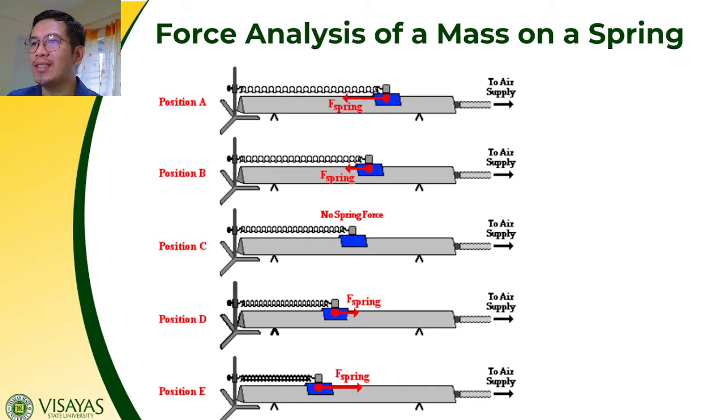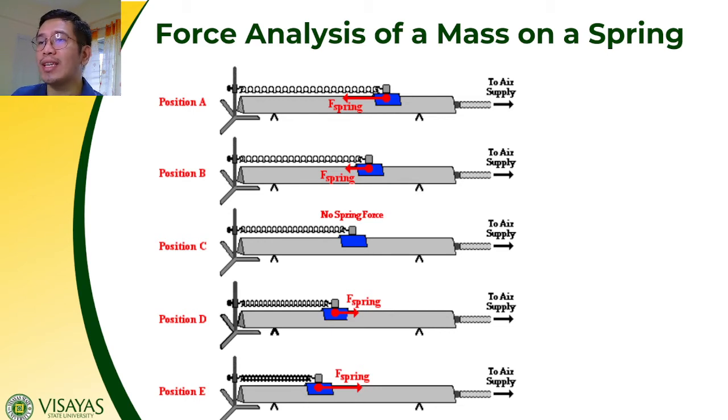Once the glider passes to the left of position C, the spring force acts rightward. During this phase of the glider cycle, the spring is being compressed. The further past position C that the glider moves, the greater the amount of compression and the greater the spring force.